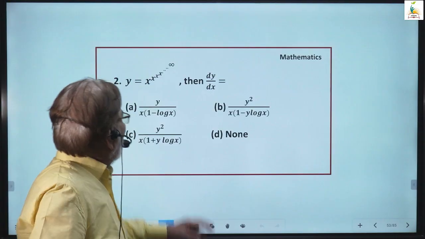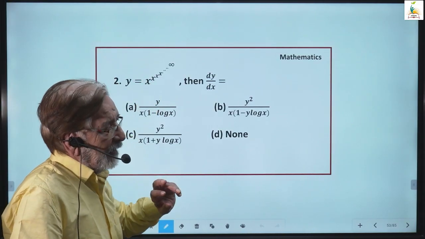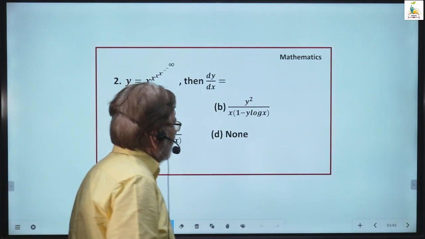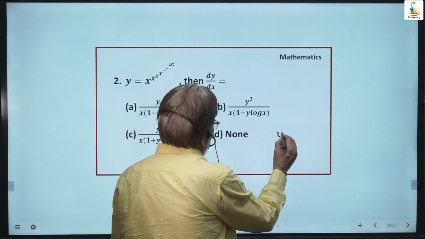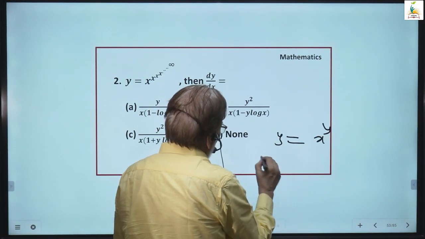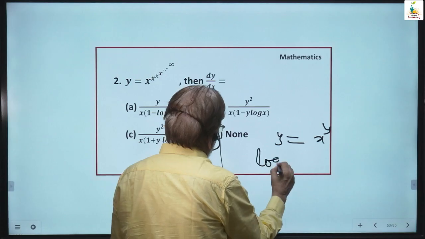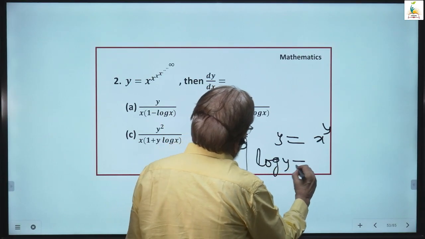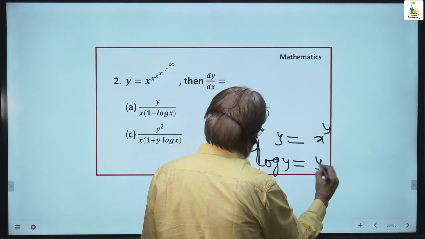If I keep this term x as it is, so y will be equal to x raised to y. Take log of both sides. Log of y will be equal to y log of x.